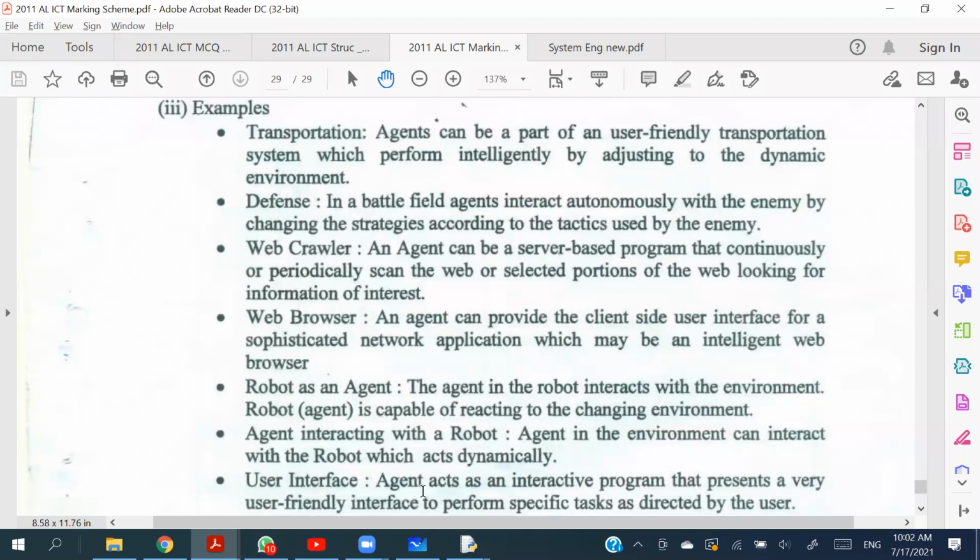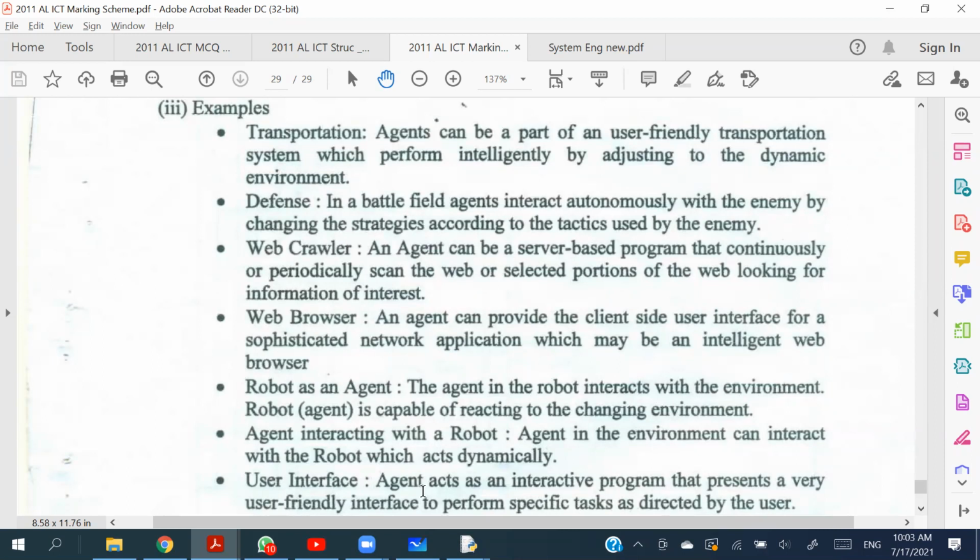And the web browsers, right? It's a client-side interface which is helping the end users who are using the browsers, helping them to maintain control or interaction with the particular interfaces. We can use a robot as an agent, right? So clearly the agent in the robot interacts with the environment, and we can take it the other way around as well, an agent to interact with the robot.